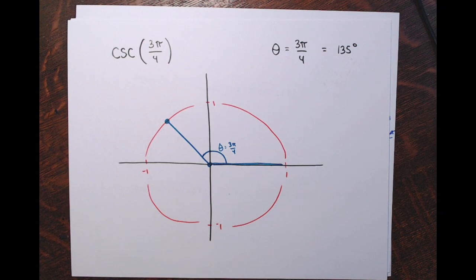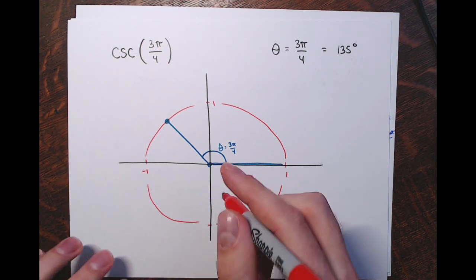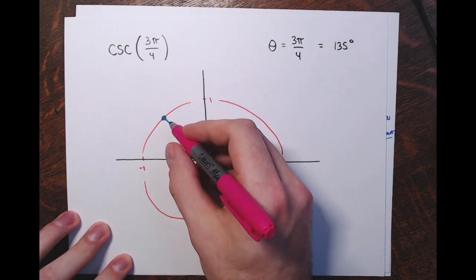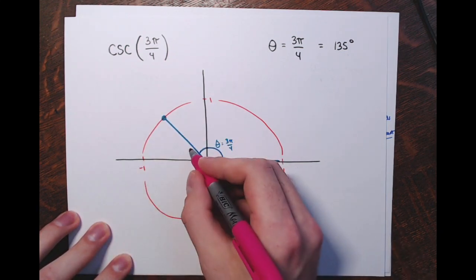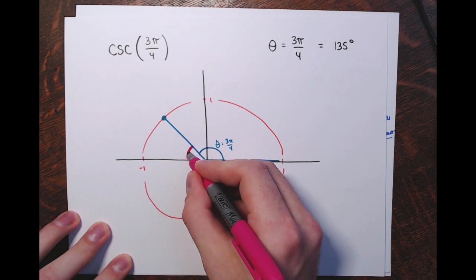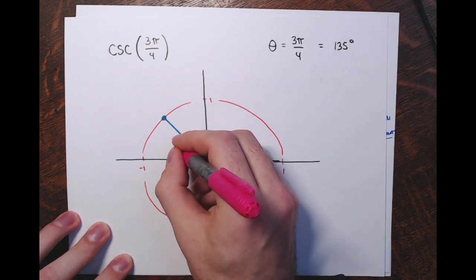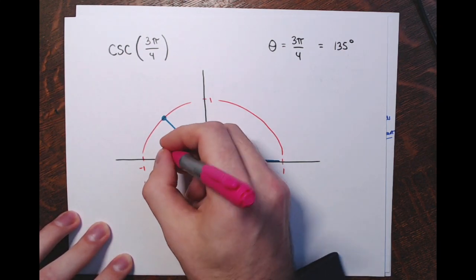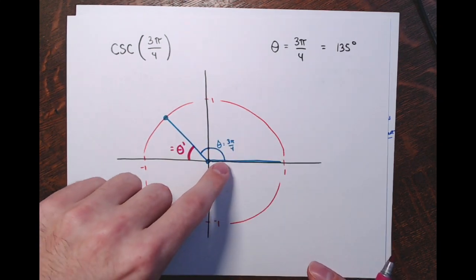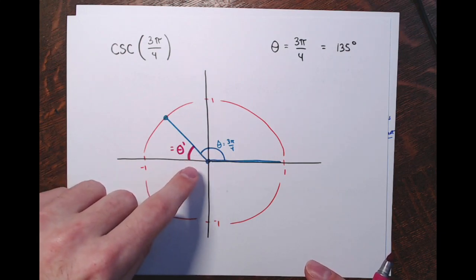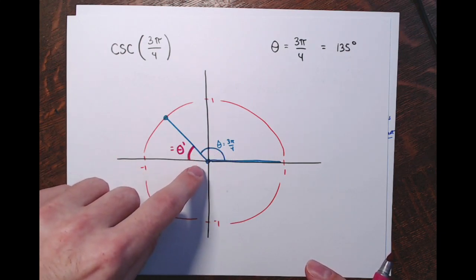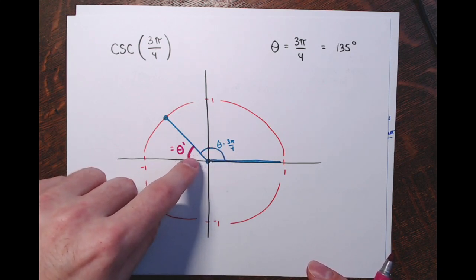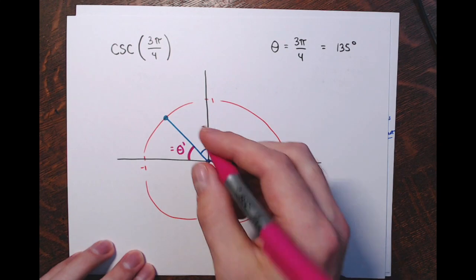Now, what's the reference angle? The reference angle, remember, is the angle formed by the terminal side and the horizontal axis. This angle is always acute. This angle here is theta prime, the reference angle. Remember, 180 degrees is pi radians; if you go halfway around, that's pi radians. So 3 pi over 4 plus another pi over 4, another 45 degrees.